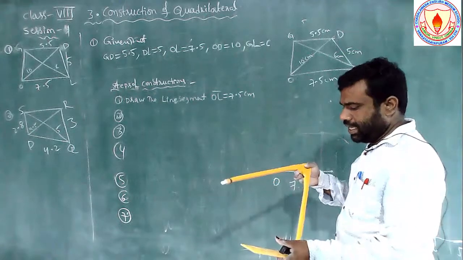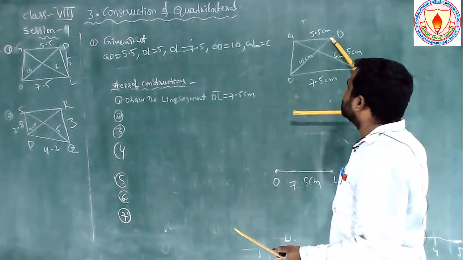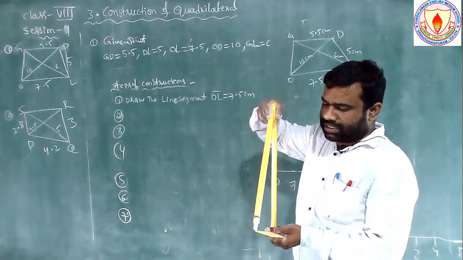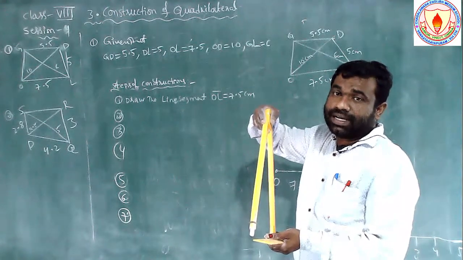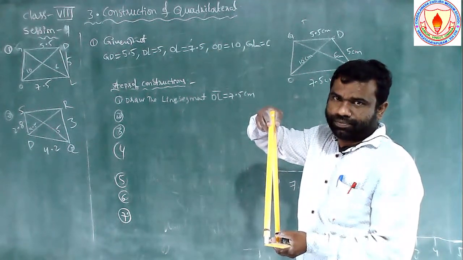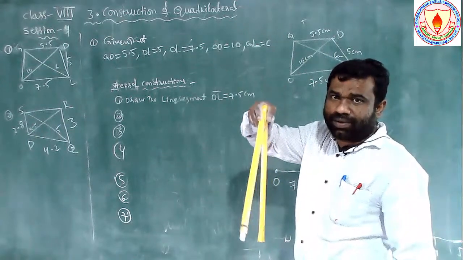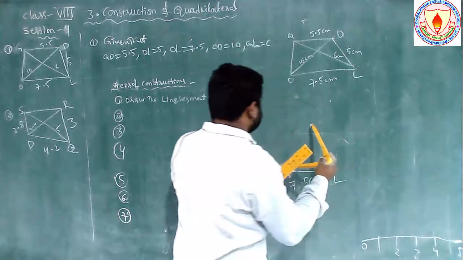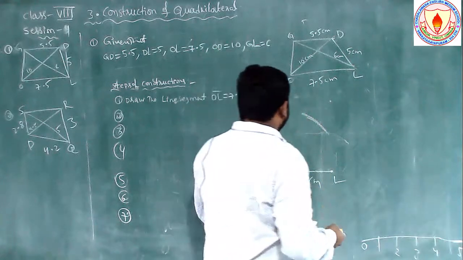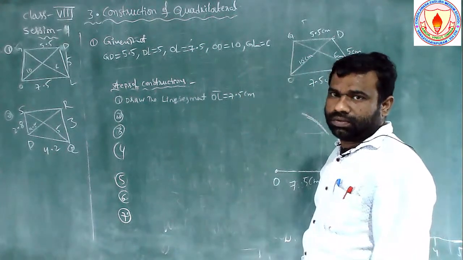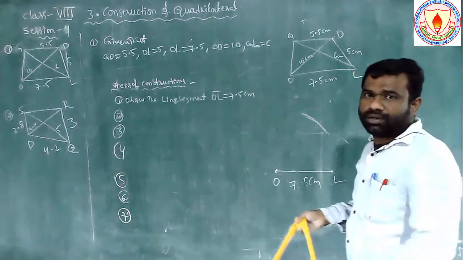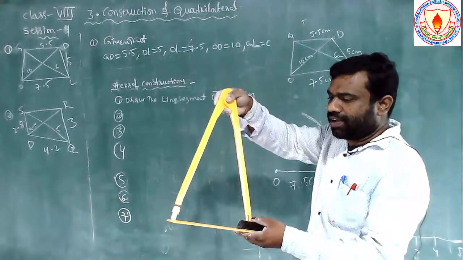From O there is 10 centimeters, so on the scale take 0 to 10 centimeters, and in the same measurement draw an arc from O. In the same manner, take 5 centimeters on the scale, 0 to 5.